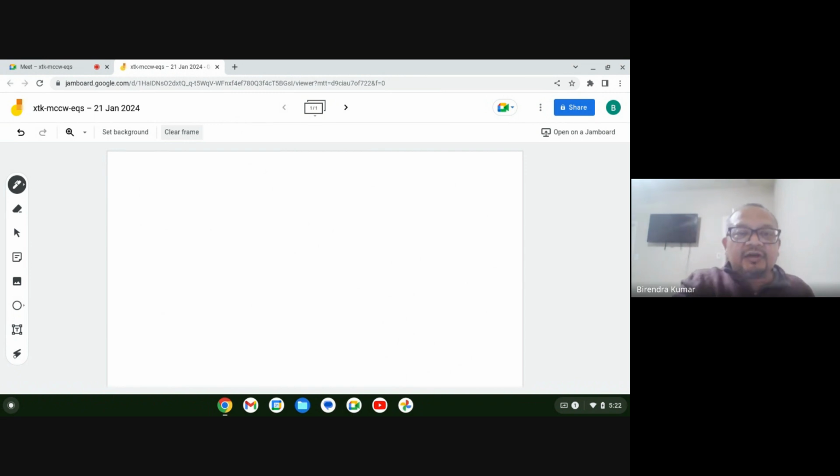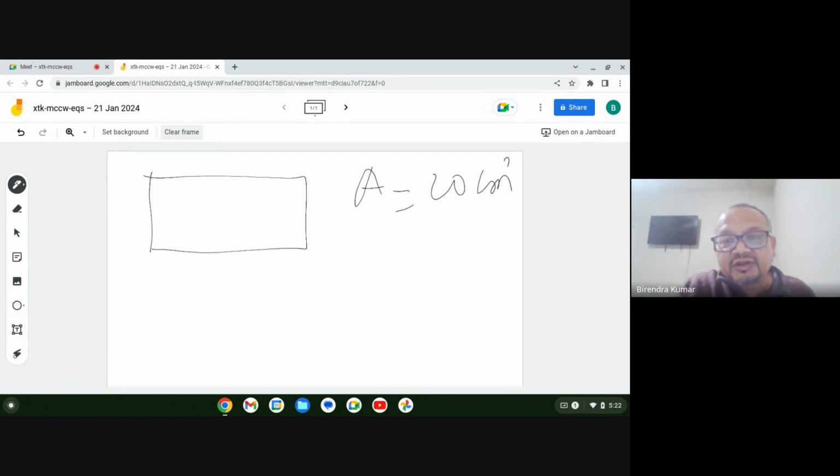Now let's do the third type of sum. Let's say you are given a rectangle where area is 20 centimeter square. Let me know if you cannot see it clearly. Area is 20 centimeter square, and the length is 10 centimeter.